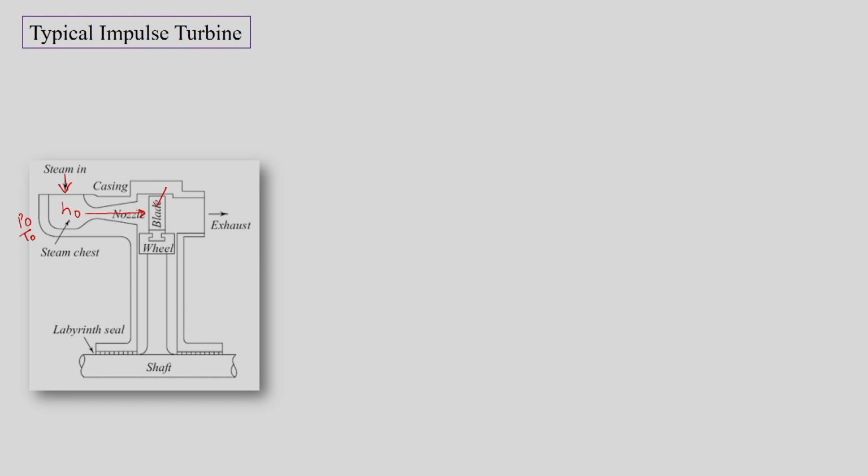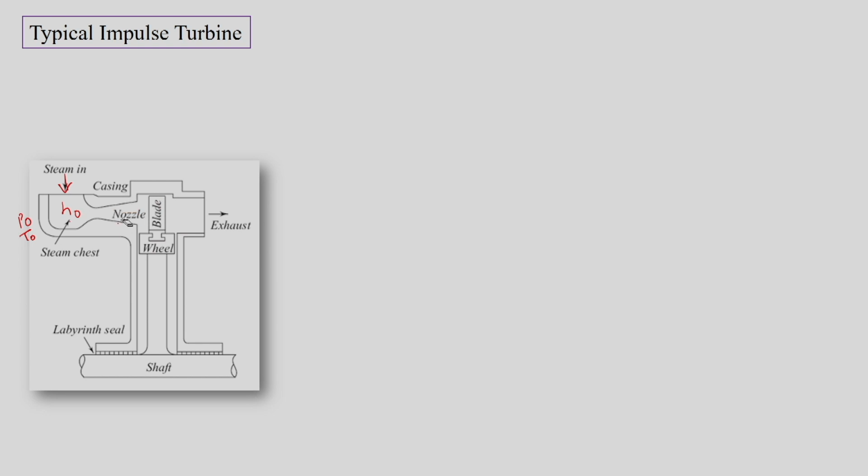This is how we have a stage of an impulse turbine comprised of a nozzle and a moving blade. The nozzle is also called a stator and the moving blades are called a rotor. So a stage is comprised of a stator and a rotor, or a nozzle and a blade. This is the typical condition in the case of an impulse turbine.